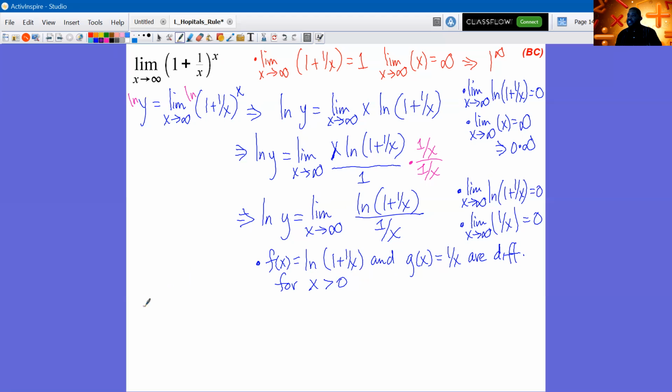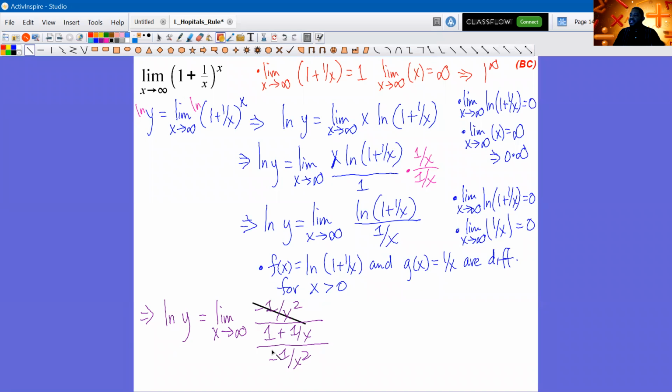So when we come down here, remember I have natural log y equals the limit as x approaches infinity. I'm just going to take the derivative of the numerator and denominator. So I have 1 over x times negative 1 over x squared, over 1 plus 1 over x, all over negative 1 over x squared. Now I can cancel.